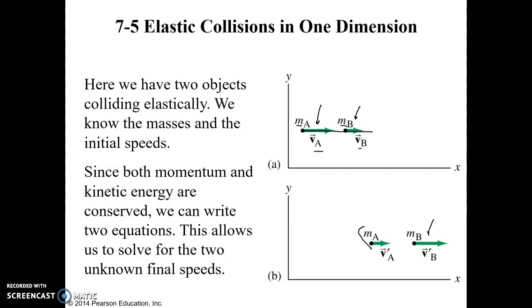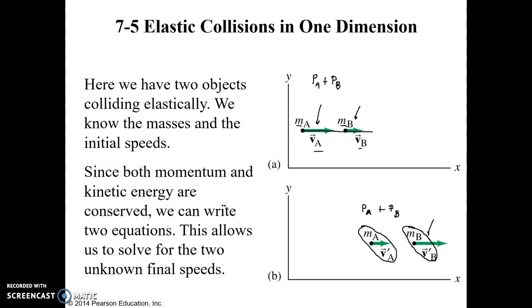But the sum of m times v, the momentum of the two objects, if we sum the momentum of object A plus the momentum of object B after the collision, it's still going to equal momentum A plus momentum B prior to the collision.